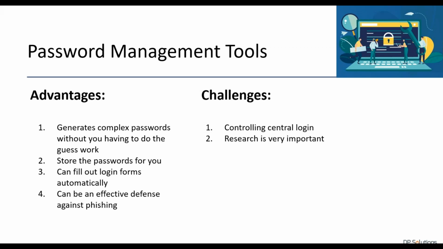But with these personal VPNs and password managers, the tools are so broad and there are so many out there, and not a lot of people know these companies by name. It's not a Microsoft or an Amazon or something like that. So it's really important that we know who we're actually giving this information to.